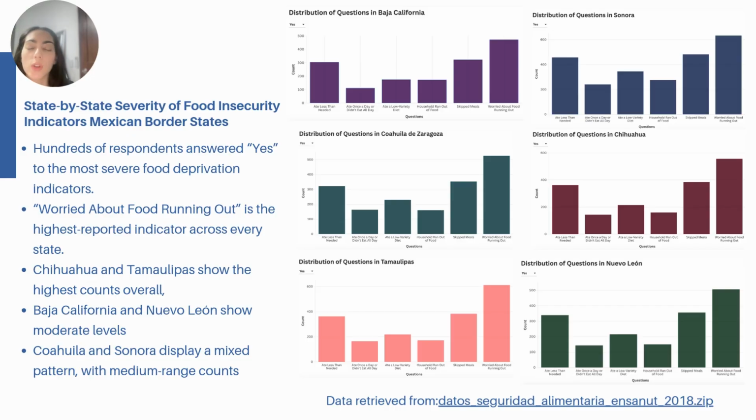In both countries, structural disadvantages pile up. In the US, it's poverty combined with physical distance from stores. In Mexico, it's economic strain reflected through living experiences of food scarcity or insecurity. Together, these visuals show that whether it's lack of income, lack of access, or both, border regions on each side face overlapping vulnerabilities that make households more likely to experience food insecurity.